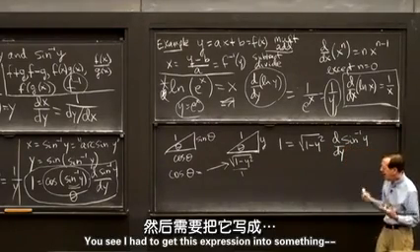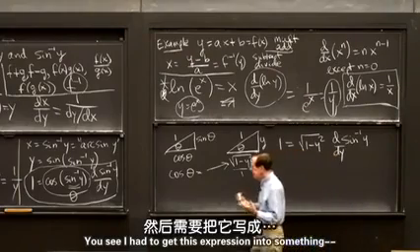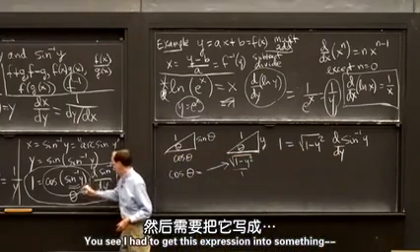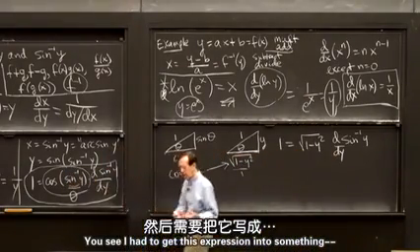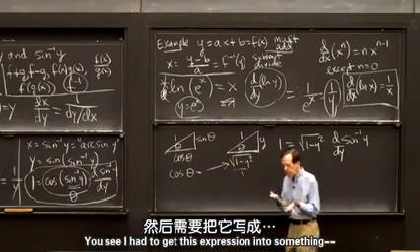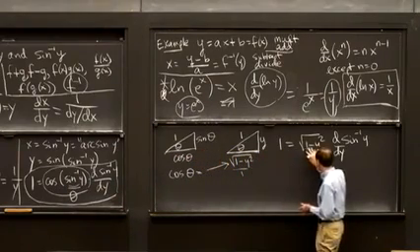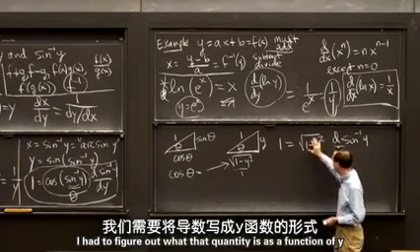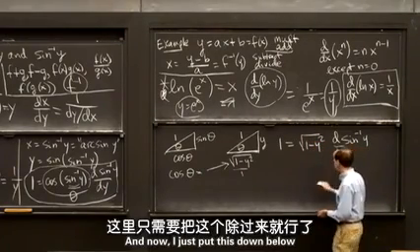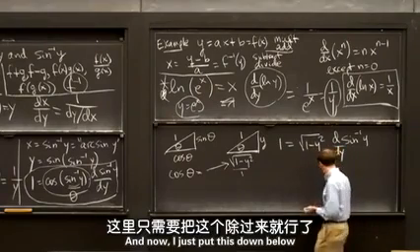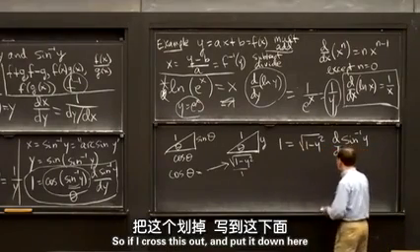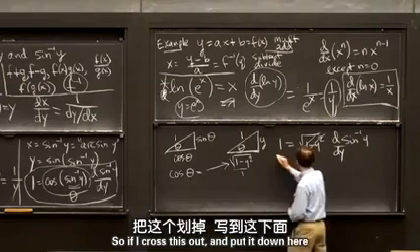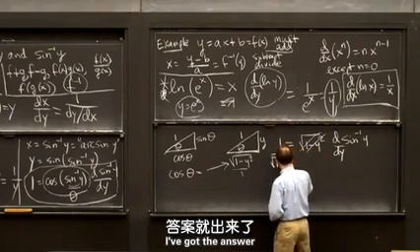You see, I had to get this expression into something. I had to solve it for y. I had to figure out what that quantity is as a function of y, and now I just put this down below. So if I cross this out and put it down here, I've got the answer.